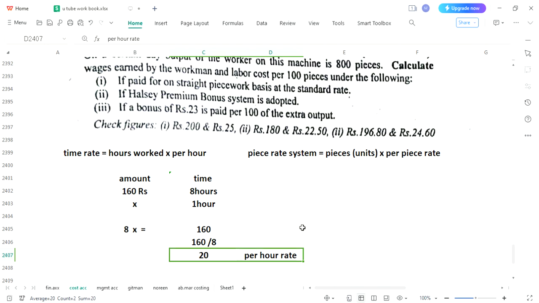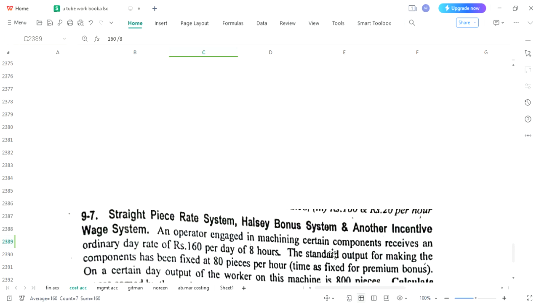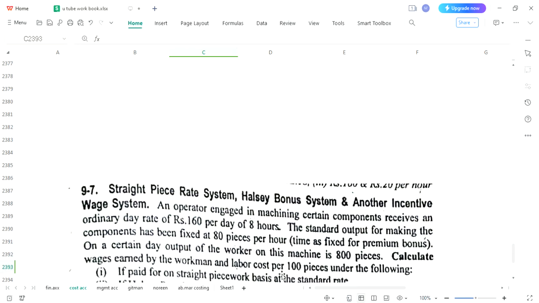Now it's time to see our next standard, which is given in the question. Let's go back. The standard output of making the component has been fixed at 80 pieces per hour. The second statement can also be seen: 80 pieces per hour.